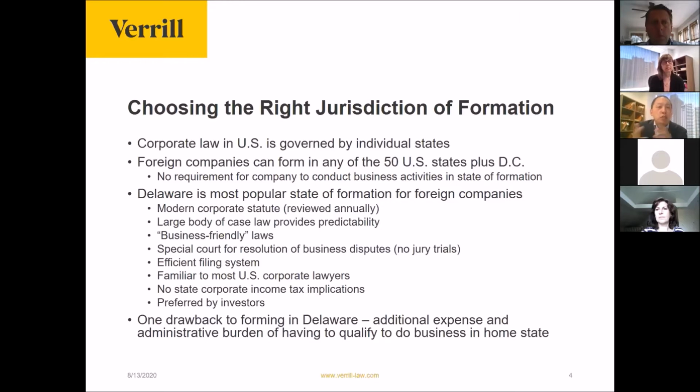So this additional expense can be avoided if you form your entity in the state in which you're headquartered, because an entity formed in a jurisdiction is effectively automatically considered qualified to do business there. Is this a huge cost burden? Generally, no. But for startups that are strapped for cash, it's something to consider.